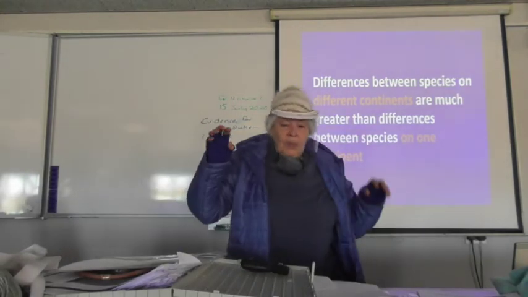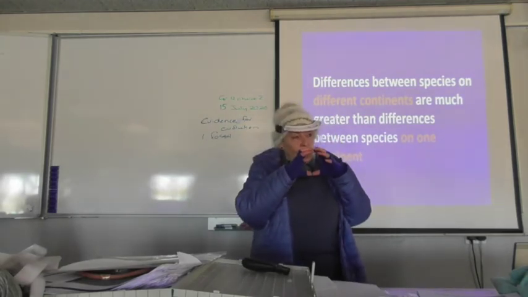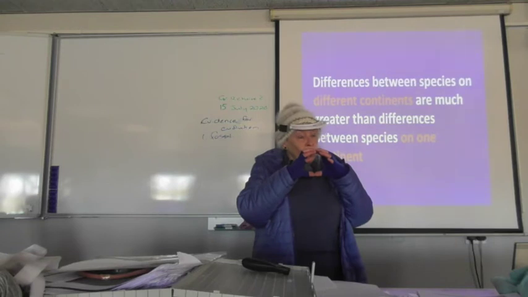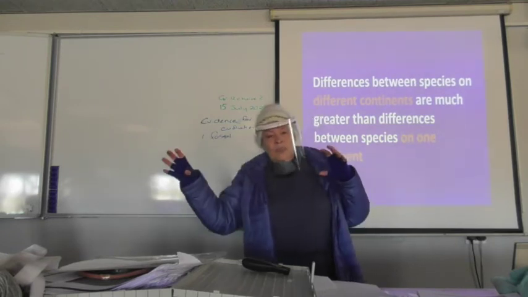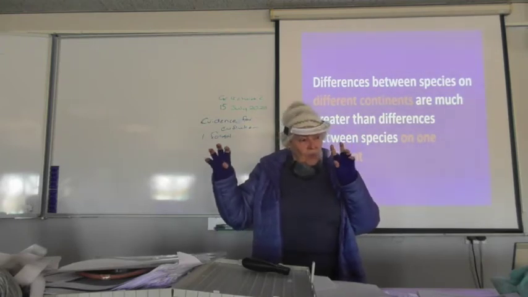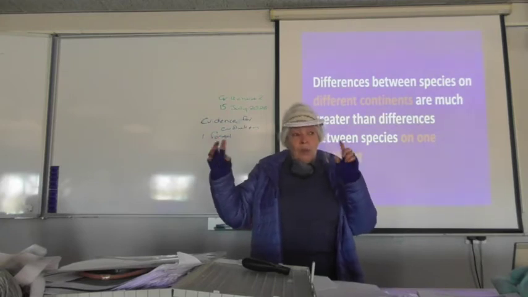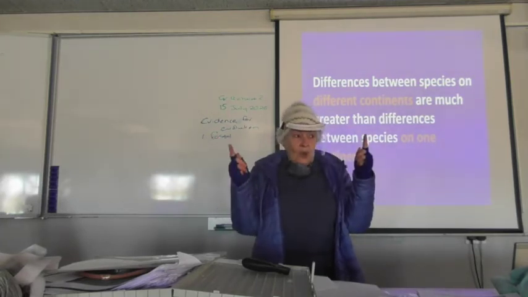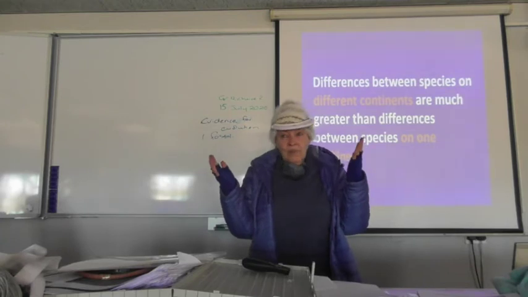If you look at Africa, the differences between the species in Africa are not as great as the differences between the species in Africa and the species in South America. These things evolved, and these things evolved. They're different to each other, but not as different as they are to the organisms on a different continent. Does that make sense?